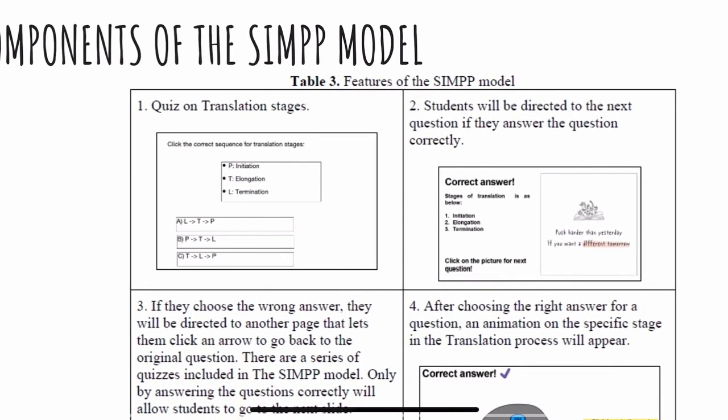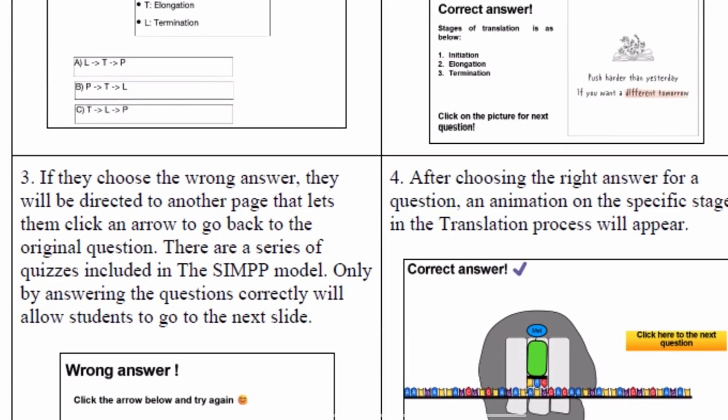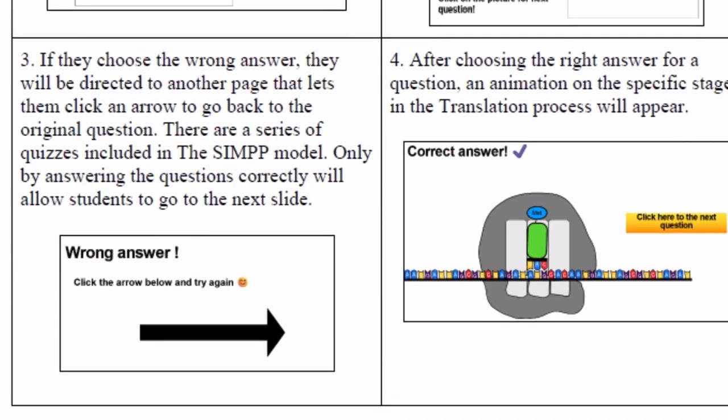Secondly, we have the components of the Simpp model, where we included a quiz on the translation stages in the Simpp model. If the students answer the questions correctly, they will be directed to the next question. But if they choose the wrong answer, they will be directed to a page that will let them click an arrow to go back to the original question.